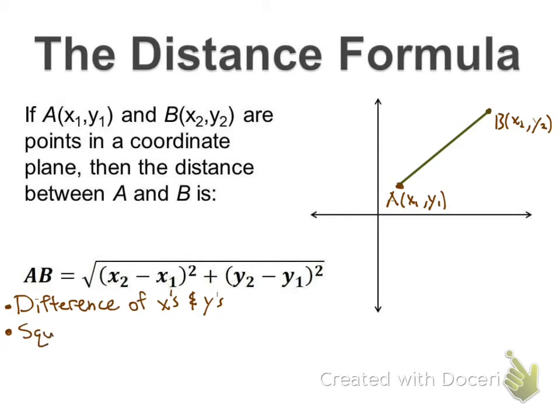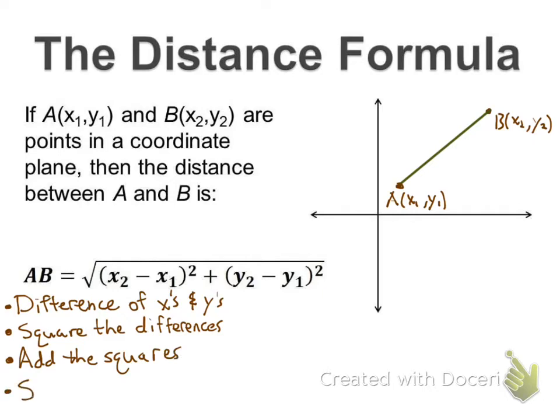So I'm going to square the differences. After that, I've squared them. I have that plus sign there, so I'm going to add the squares. And that kind of takes care of all the pieces on the inside. So what I'm left with is I'm going to take the square root.